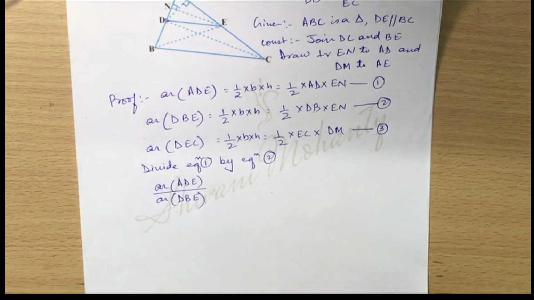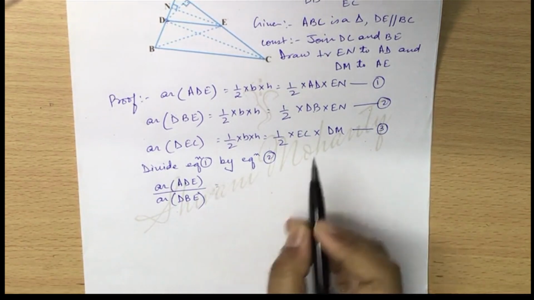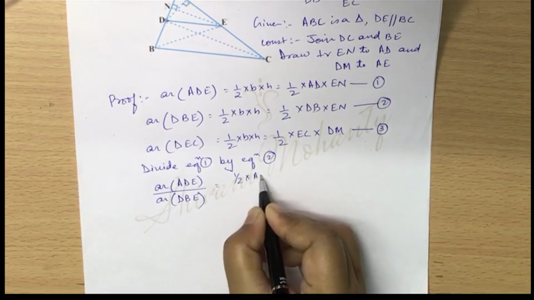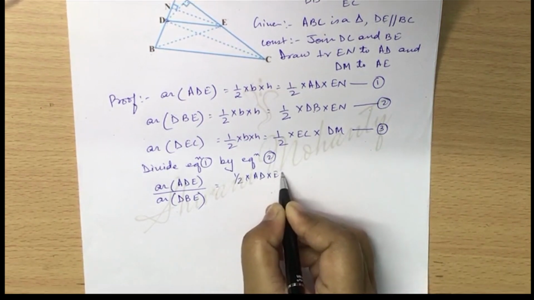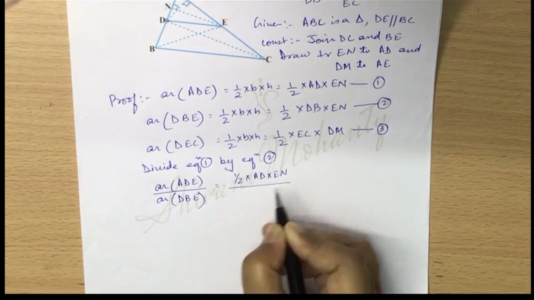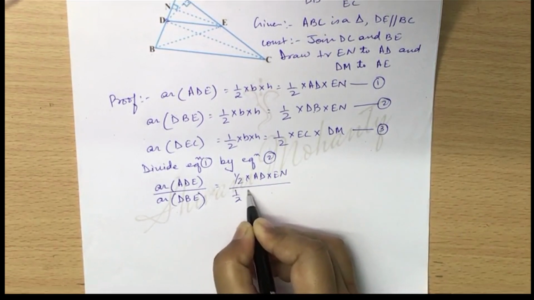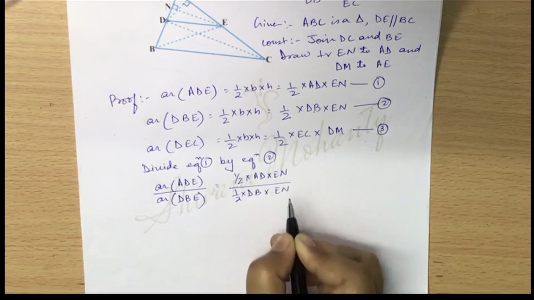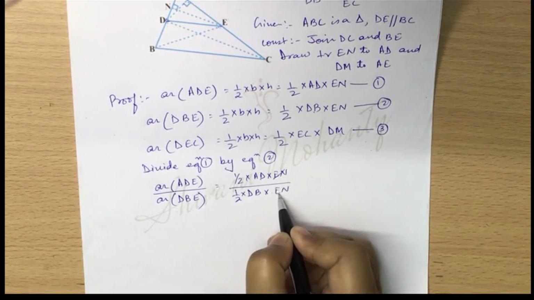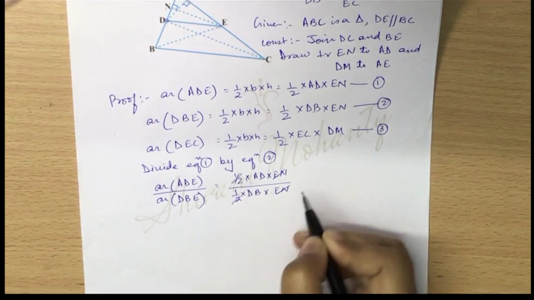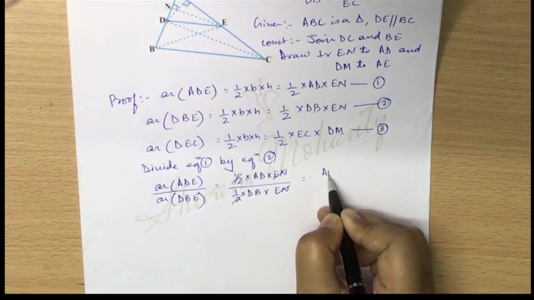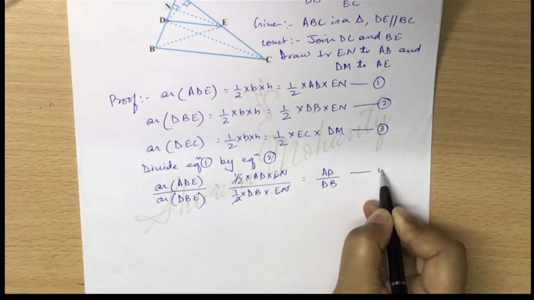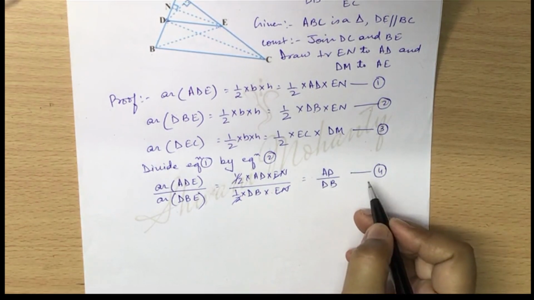If you take both the areas, then what do you have? Half into AD into EN, and this is half into DB into EN. So EN gets cancelled, half gets cancelled. So you have AD by DB. Name it as equation number 4.